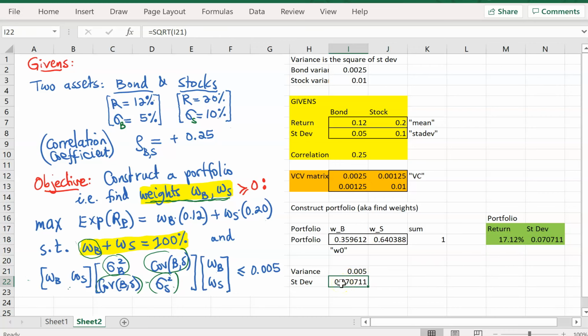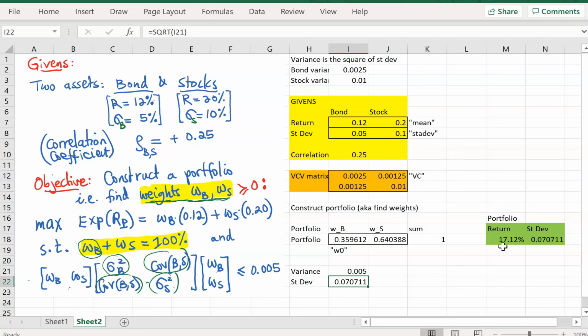The client said, I don't want more than this much risk, in terms of standard deviation. If you convert it into variance by just squaring this, it's exactly 0.005. And still respecting the constraint, we are able to construct a portfolio with an expected return of 17.12%. And that's it. So that's how we would solve this problem with 2 assets using Microsoft Excel.